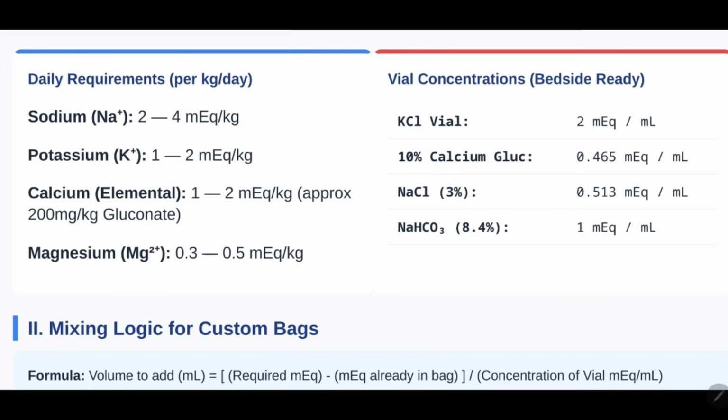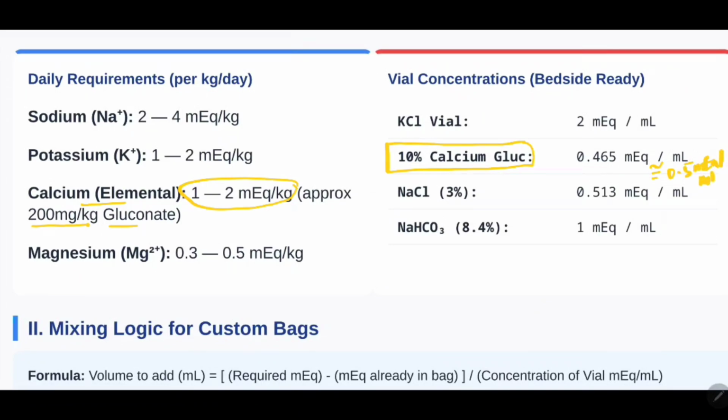Now moving on to calcium. What is the requirement of calcium? Elemental calcium 1 to 2 milliequivalent per kg, approximately 200 mg per kg of calcium gluconate. And 10% calcium gluconate, which is supplied in our ward, contains 0.465 milliequivalent per ml, more or less 0.5 milliequivalent per ml.